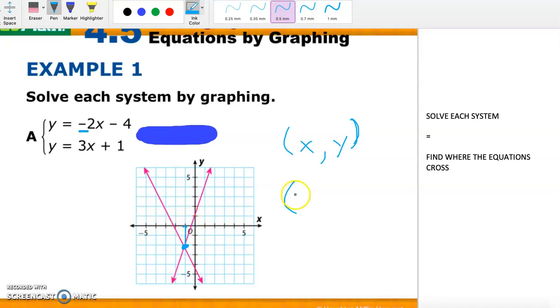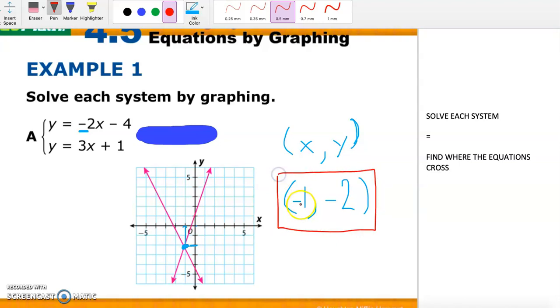So yes, this is -1. And then where does it fall on the y-axis? Let's see, this is -1, 2, so -2. And that's it. The solution to these linear equations is -1, -2, because that is where the graphs intersect.